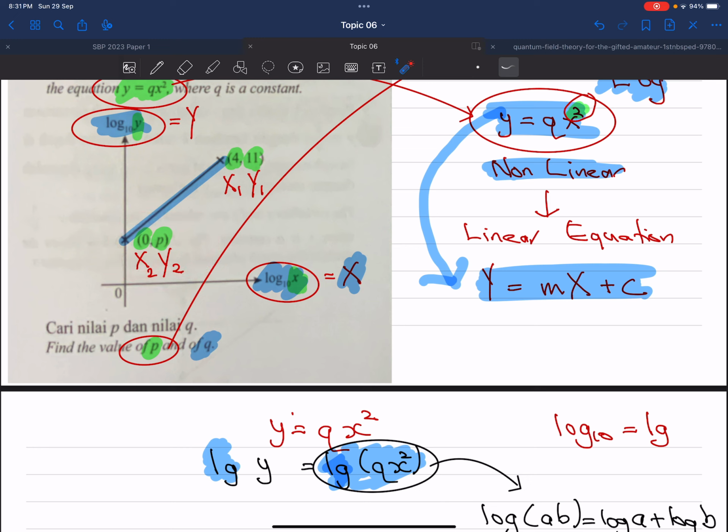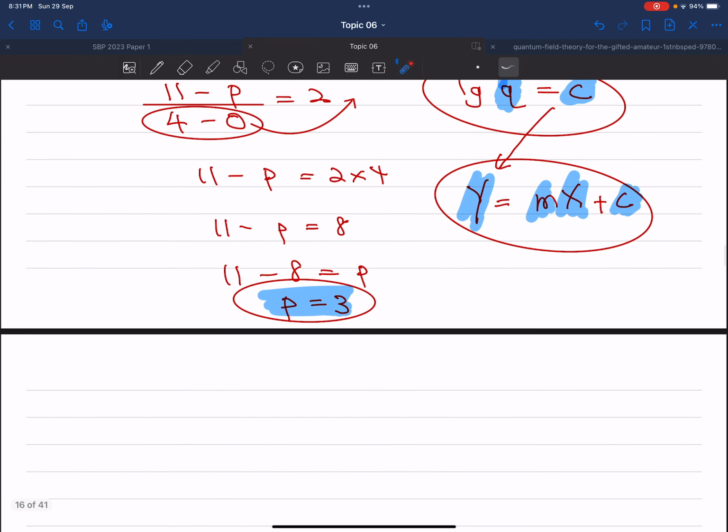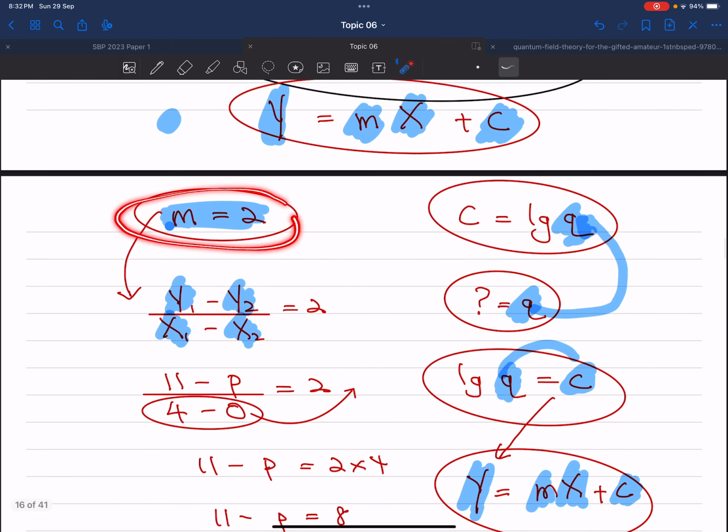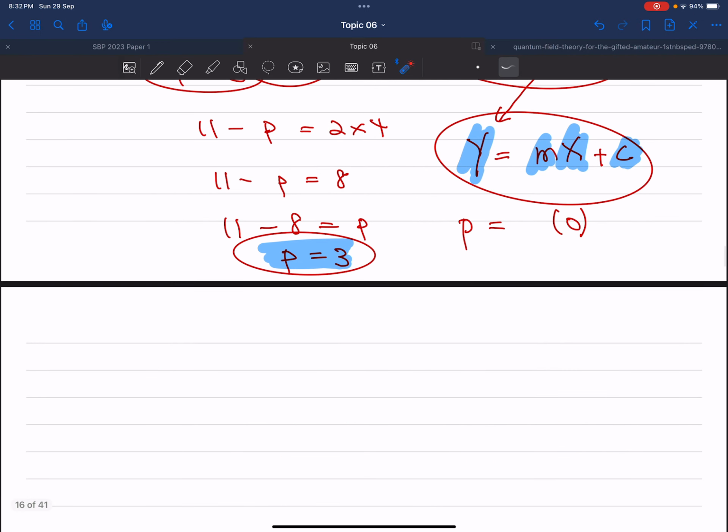So now I have y2 is p and x2 is 0. And we already have the gradient m, which is 2. So I'm going to substitute the 2 plus c.